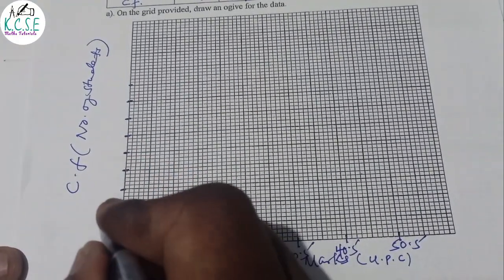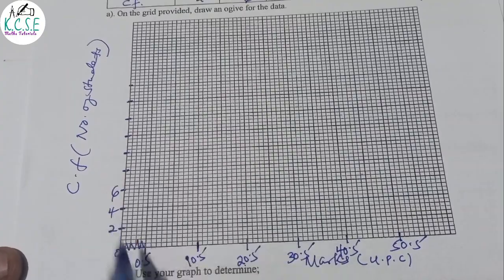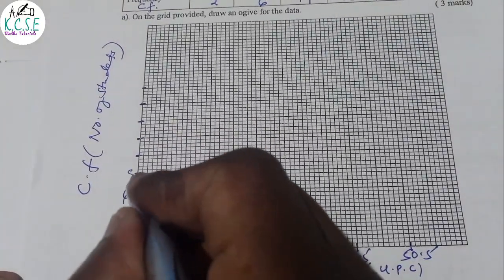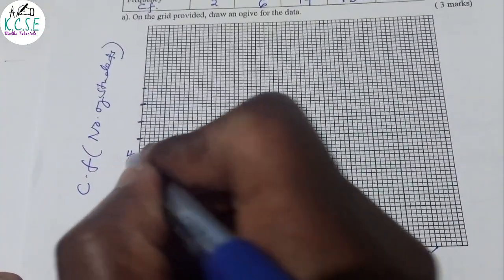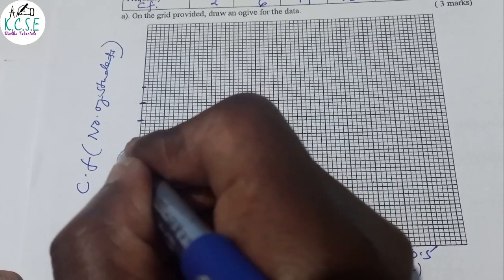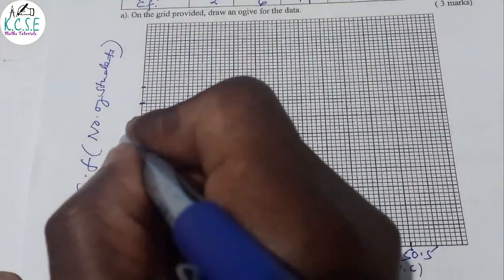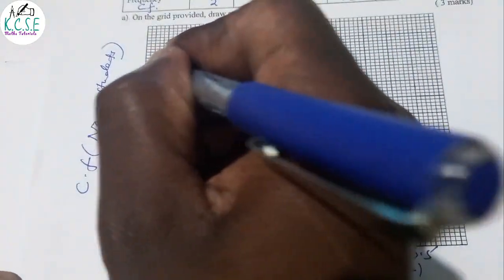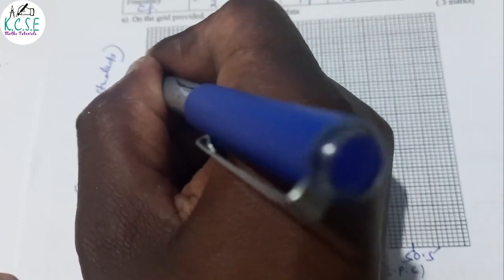We have 2, 4, 6, 8, 10, 12, 14, 16, 18, and lastly we have 20.